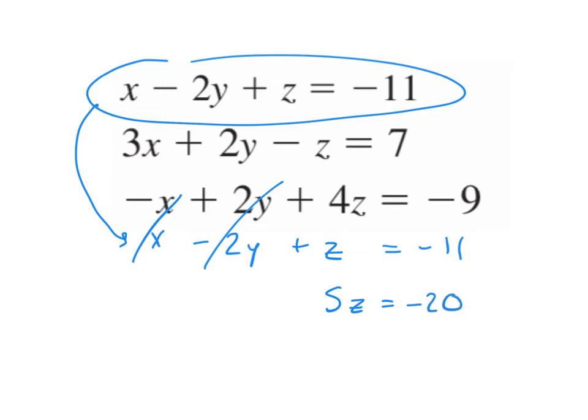What do we do now that we have two variables that cancel out? What do we do?